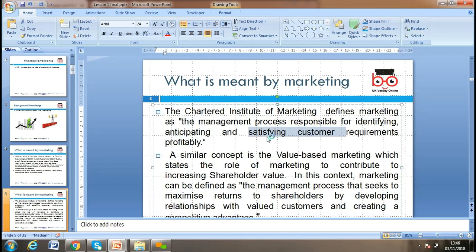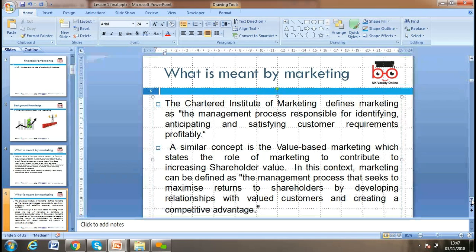We need to satisfy customer needs, wants, and requirements profitably. Marketing does not mean you don't make a profit, you do make a profit, but satisfying the customer's needs and wants is what we really need to focus on.